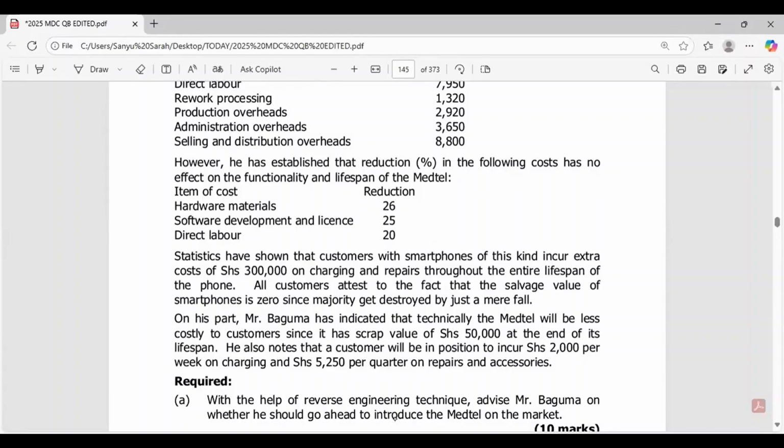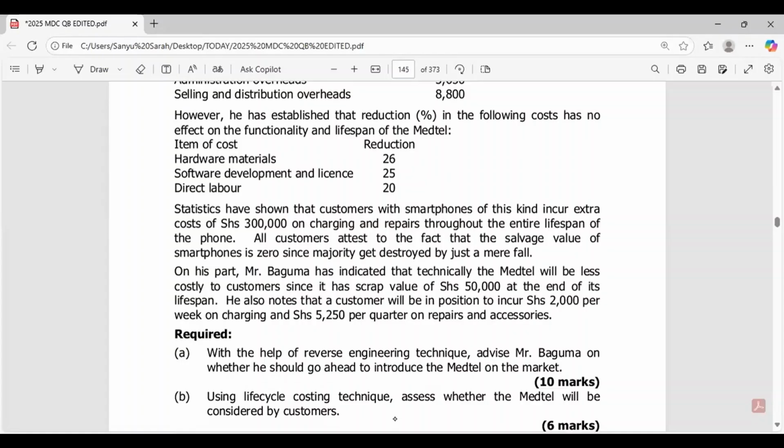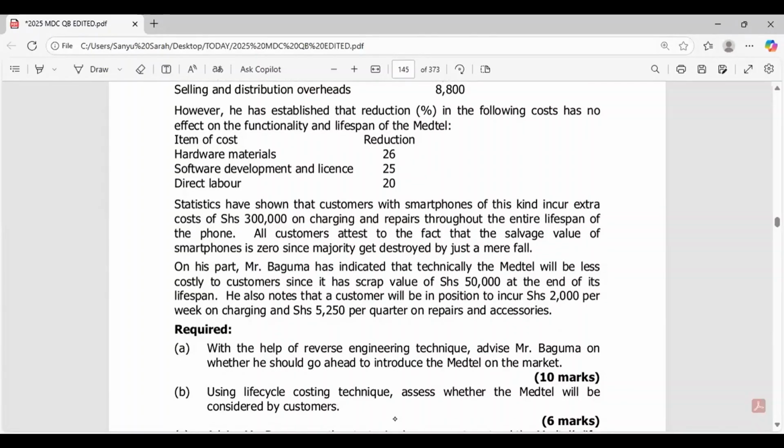Statistics have shown that customers with smartphones of this kind incur extra costs of 300 on charging and repairs throughout the entire lifespan of the phone. All customers attest to the fact that the salvage value of smartphones is zero, since the majority get destroyed by just a mere fall.